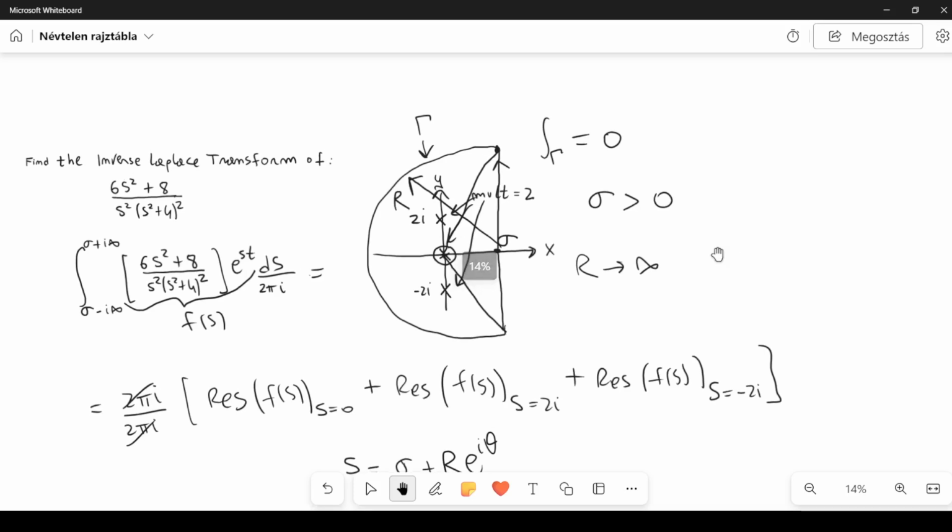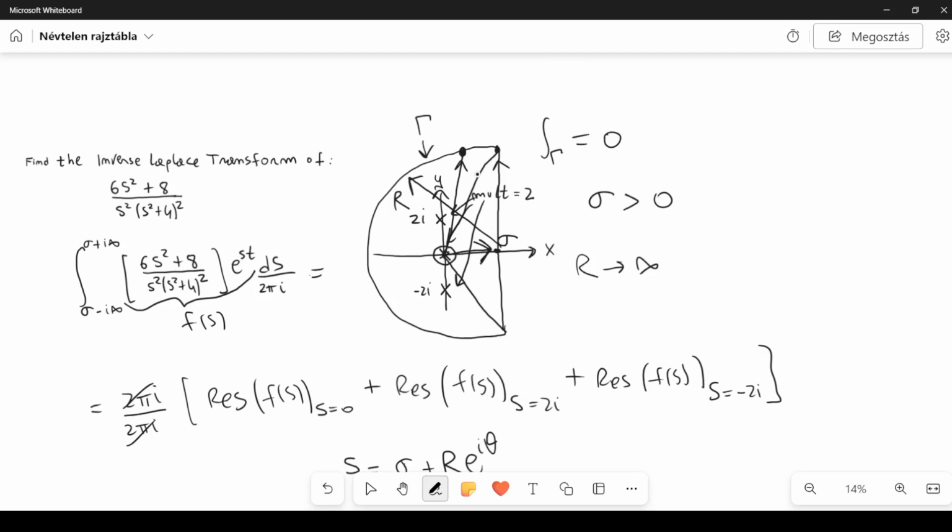Because basically we are considering a certain point, for example here. We can describe this point by using this vector, and this vector is given by a sum of two vectors. So we have this vector, which is r e to the i theta, whereas this vector here is sigma. So you have sigma plus r e to the i theta.